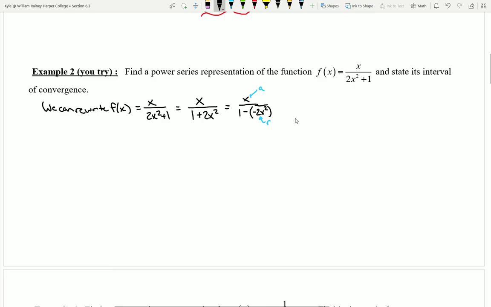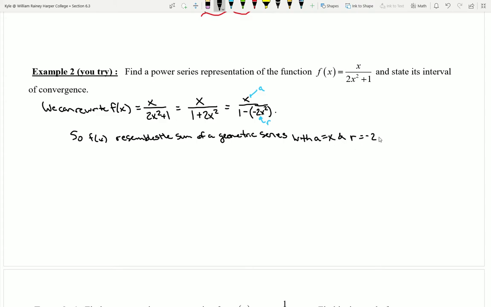So I'll go ahead and write the following. f of x resembles the sum of a geometric series with a equaling x and r equaling negative 2x squared, again, provided that the absolute value of my r is less than 1.